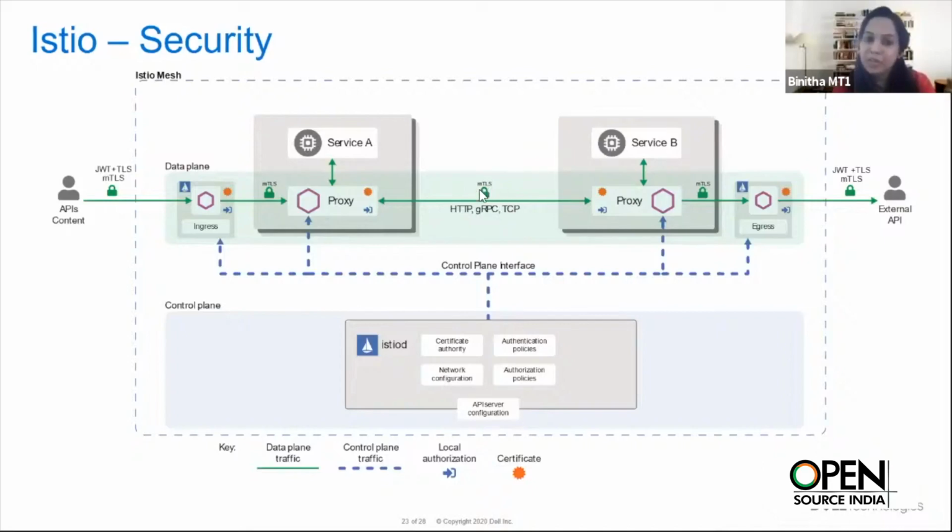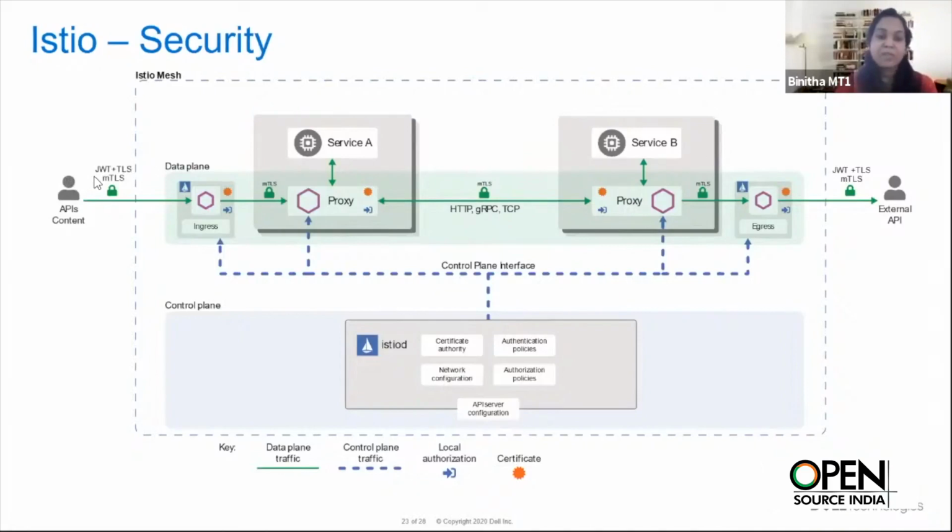So between any two services, you just need peer authentication. But when I'm talking about the perimeter points, the external traffic and the internal ingress and egress gateways, then in order to validate a client, you need something called request authentication.